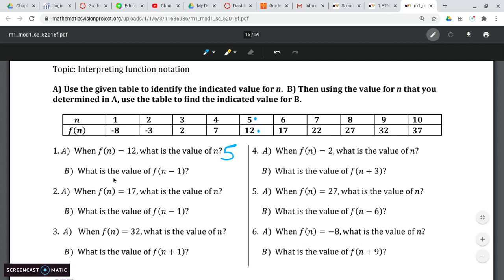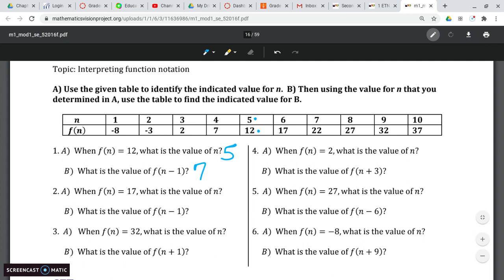Now for part B, what is the value of f of n minus 1? So 5 minus 1 is 4, and then f of 4 is 7. So there's our answer.